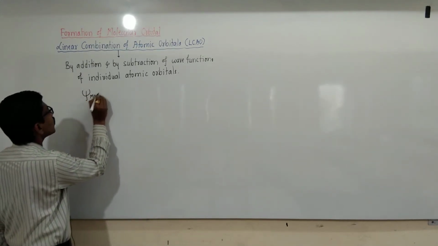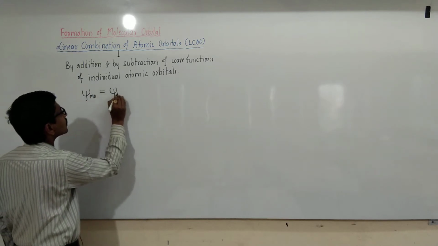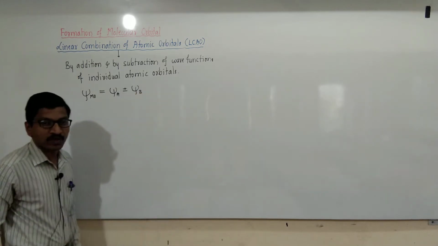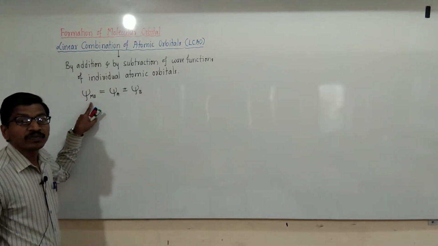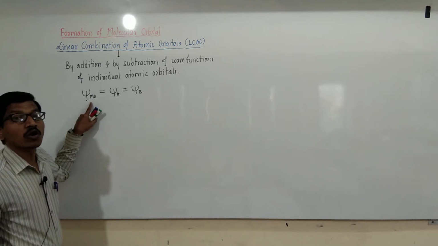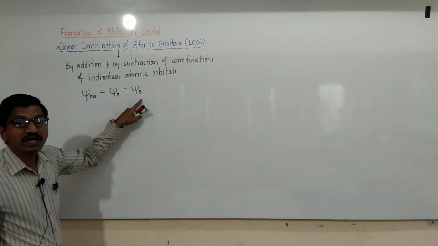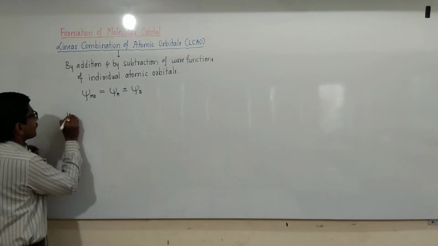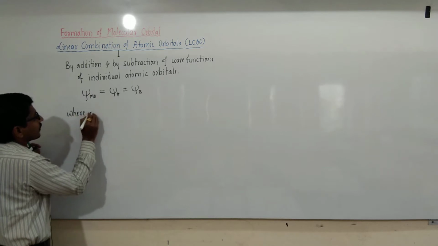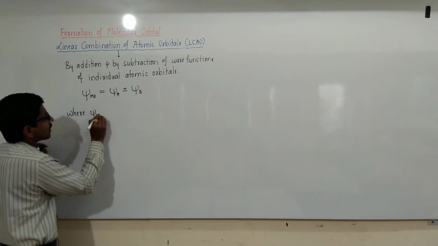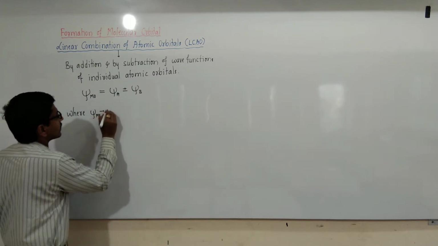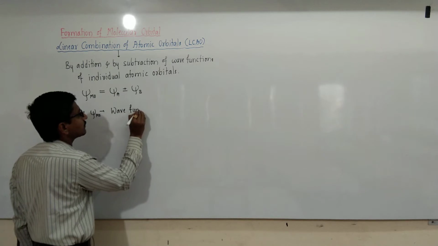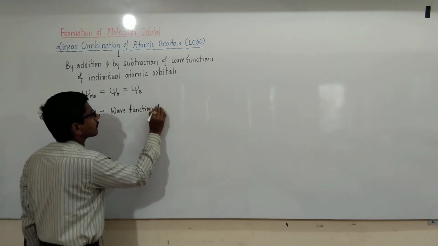That is represented as psi MO is equal to psi A plus or minus psi B, where psi MO is the wave function of the molecular orbital. Psi A and psi B are the wave functions of A and B atoms respectively.